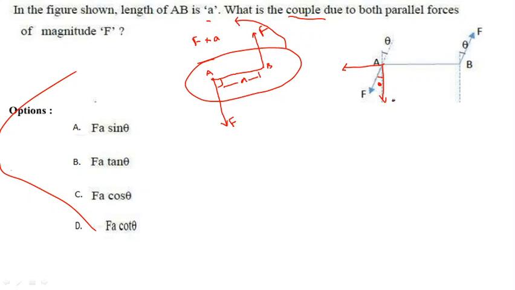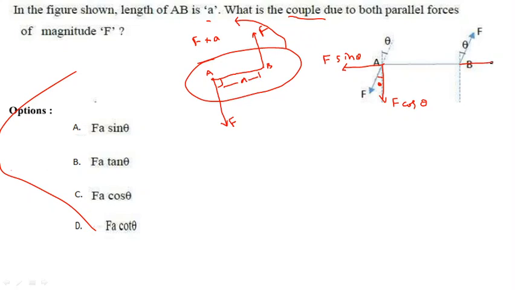So the vertical component will become F cos theta, and the horizontal component will become F sin theta.